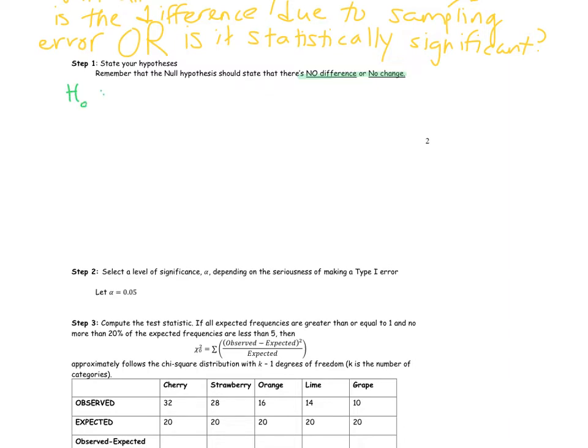So the random variable follows the distribution. And then your alternative would say the variable does not follow the distribution.